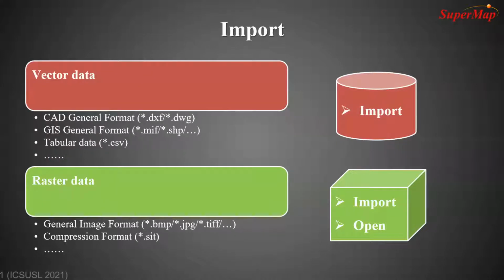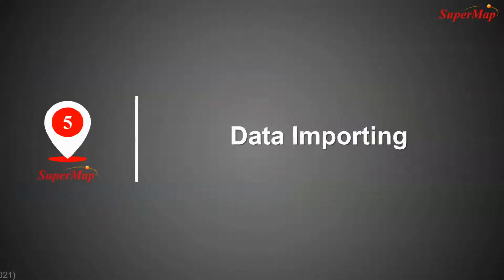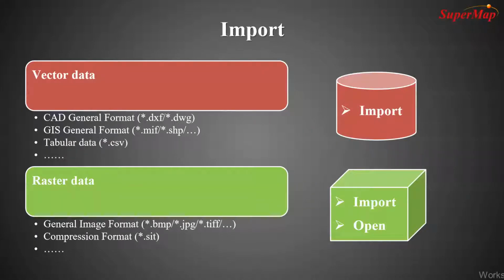And the second topic for today is data importing. For SuperMap iDesktop, there are a lot of data formats we can support to import. For vector data, we support importing data from CAD, from general GIS formats such as shape, and from tabular formats such as CSV or Excel or even text format.